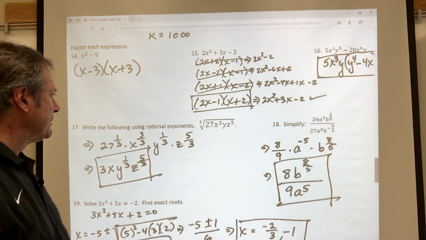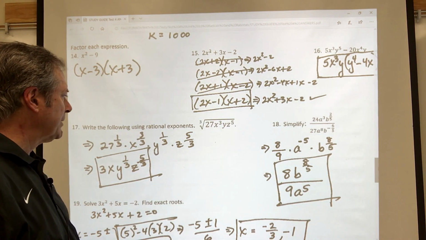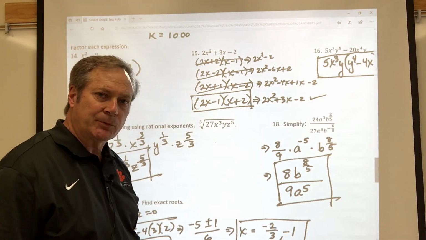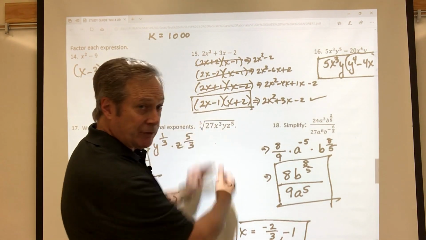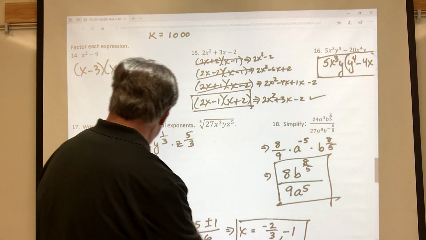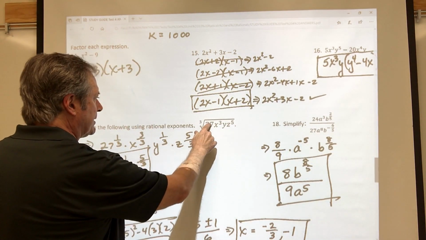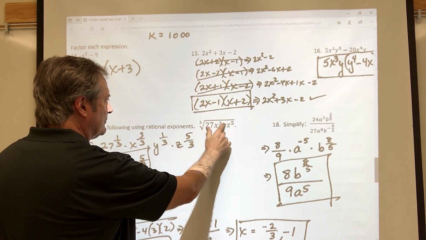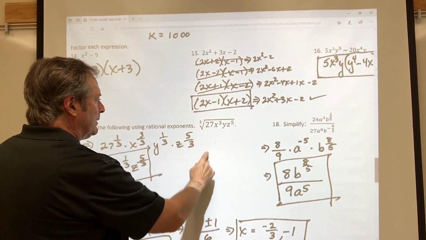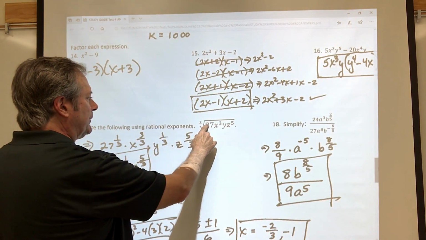All right, coming over here to number 17, we want to rewrite this with rational exponents. Now, I want you to notice this does not have the parentheses. So what that means is that literally every term in here gets raised to some power. So we want to begin with 27.